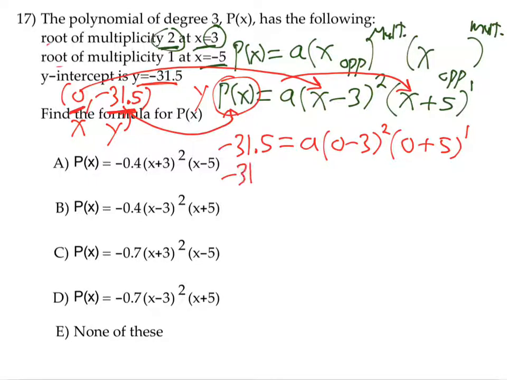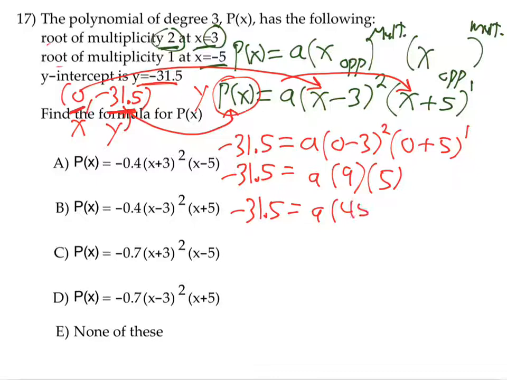So we can solve now for a. This is going to be 9, because negative 3 squared. And this is going to be 5. So negative 31.5 is a times 45. 5 times 9 is 45.